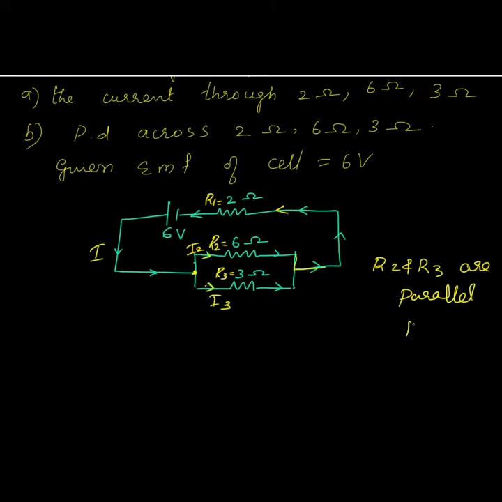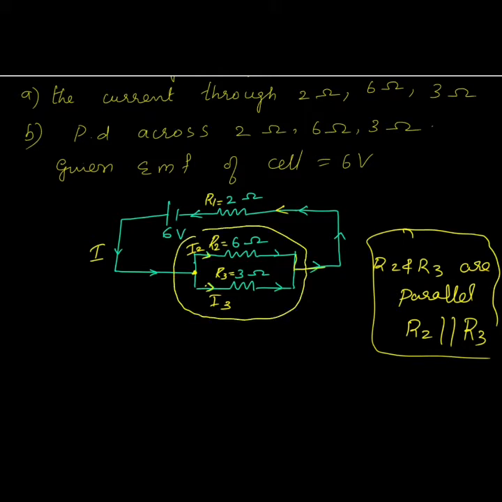Or you can write it as R2 parallel to R3. Okay, so that is one thing which we can see from the circuit. And this combination, that is R2 and R3, that combination is in series. See, it is in line with R1.